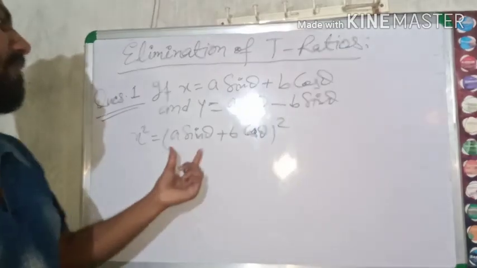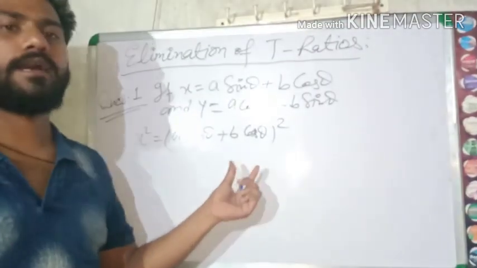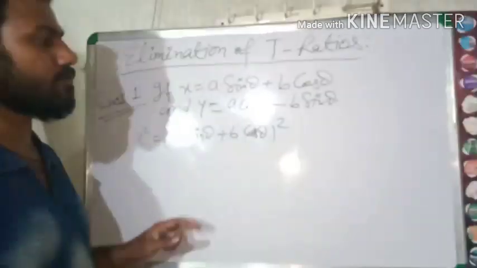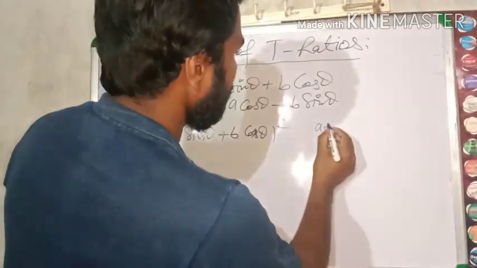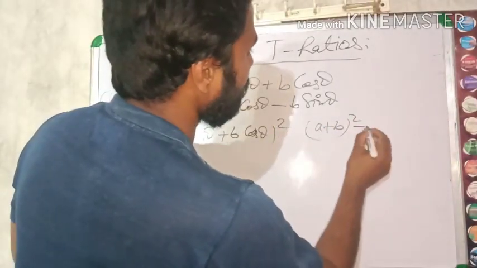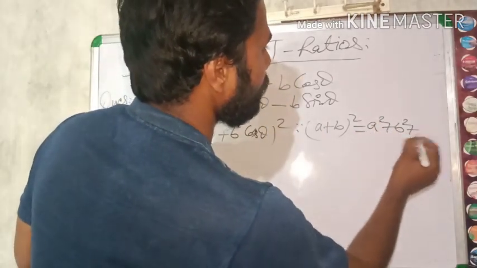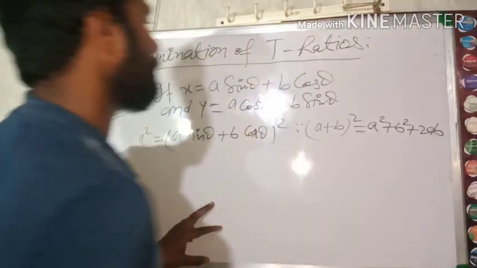This is the form of a plus b whole square, and a plus b whole square is equal to a square plus b square plus 2ab.